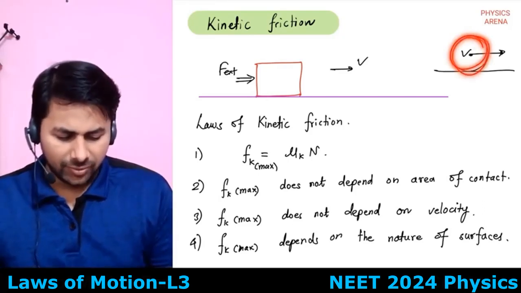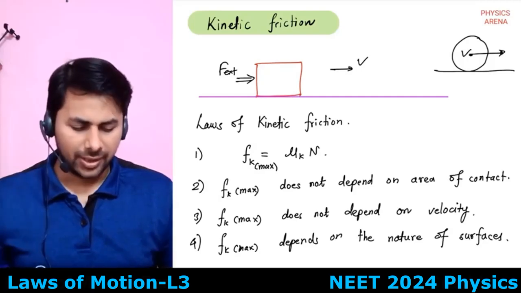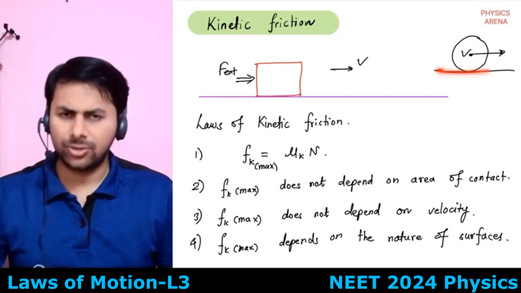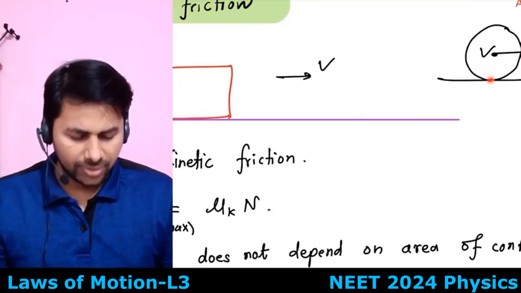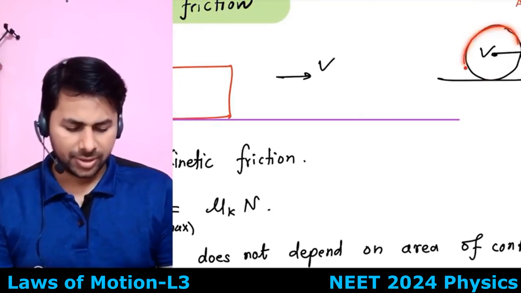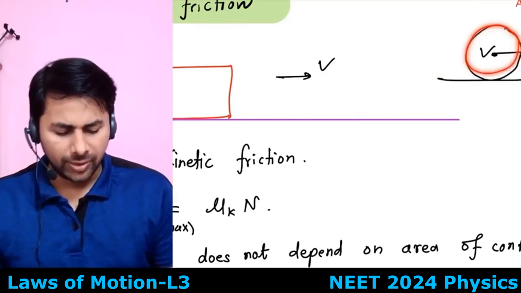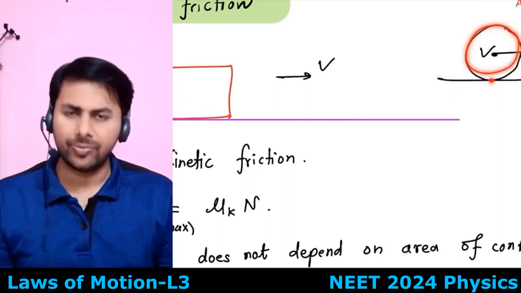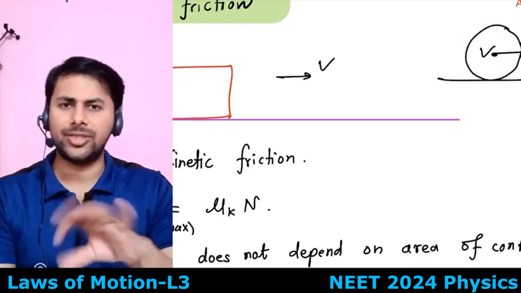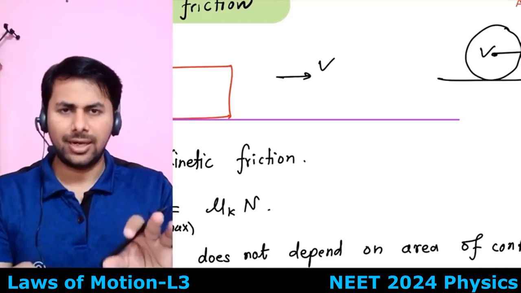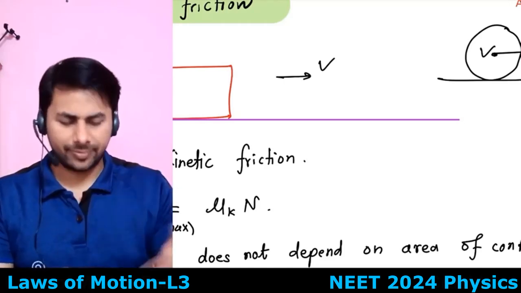When we have a body rolling over another body, in this case there is no sliding. So at any time there is only one point of this body in contact with the surface, and that point of contact keeps on changing as this body rolls.